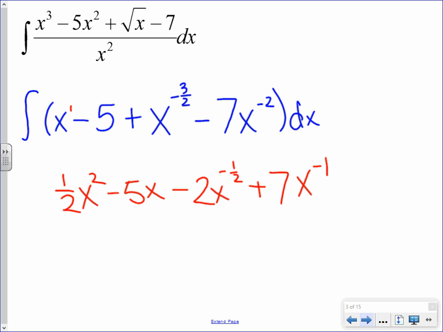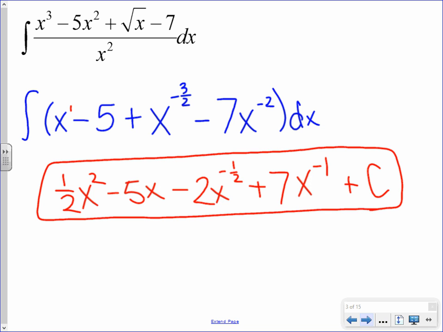So we increase the power, multiply by its reciprocal, which is just -1. And then what do we need at the end? Plus c. Okay? You can leave your answer like this. You can rewrite it so you don't have negative powers. It doesn't matter, but I'm fine with this.